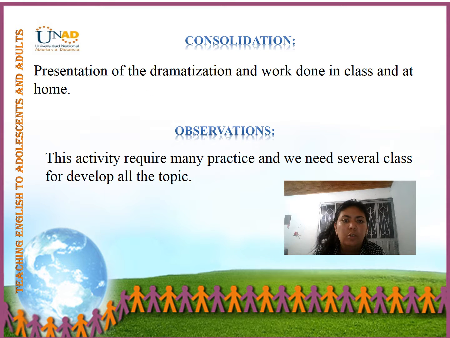Consolidation: presentation of the dramatization and words taught in class and at home. Time: 60 minutes. Observations: this activity requires a lot of practice and we need several classes to develop the whole topic.